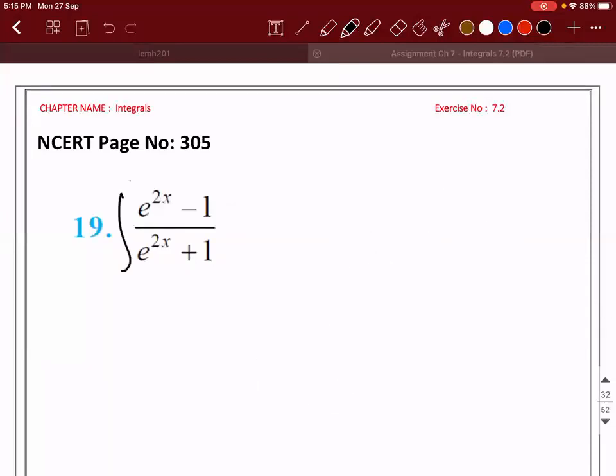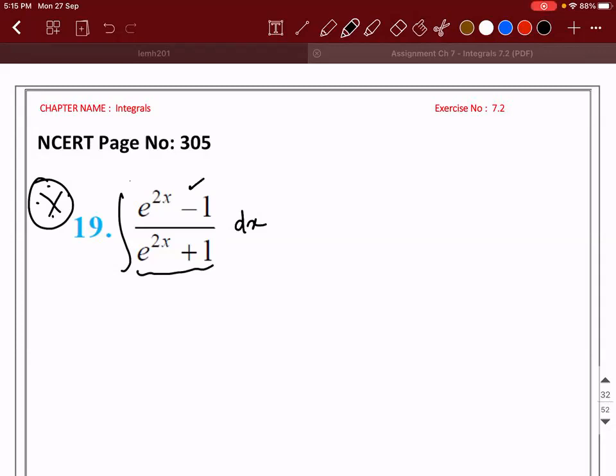So integral of e power 2x minus 1 by e power 2x plus 1. This is a very, very good problem. Okay. So what we need to do is, see, if you observe this problem, generally what we will try to do, we'll put the denominator as t so that it becomes the derivative of the numerator. But here it doesn't work, because you have a minus 1 in the numerator and you don't have any minus symbol in the denominator.